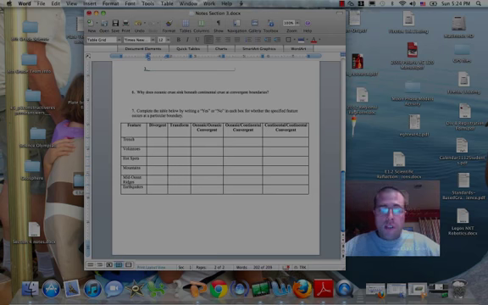So this is where we are matching up geologic or geographic features with the type of boundary. And you can see I have divergent, transform, and I have split up each of the 3 types of convergent boundaries: oceanic-oceanic, oceanic-continental, and continental-continental.